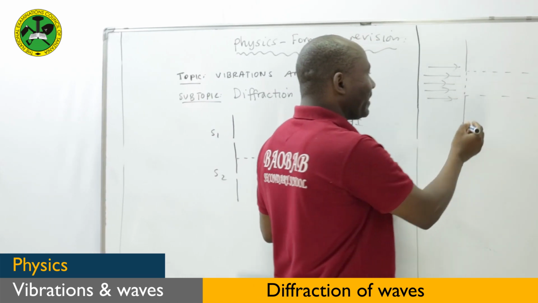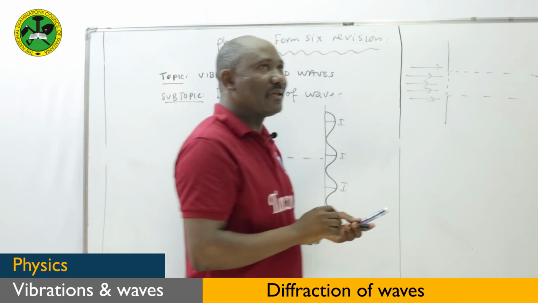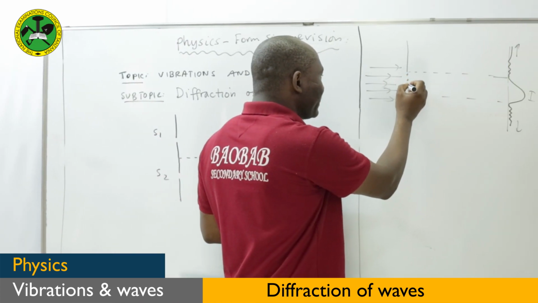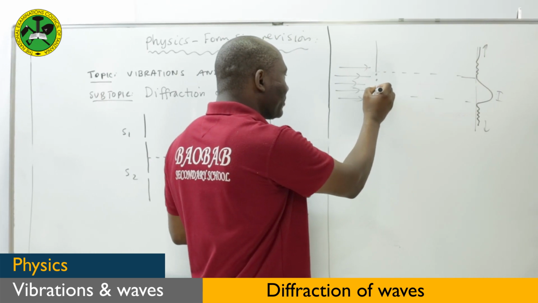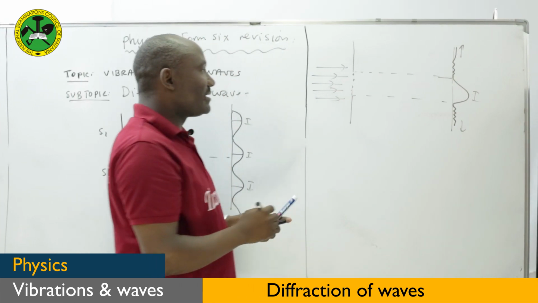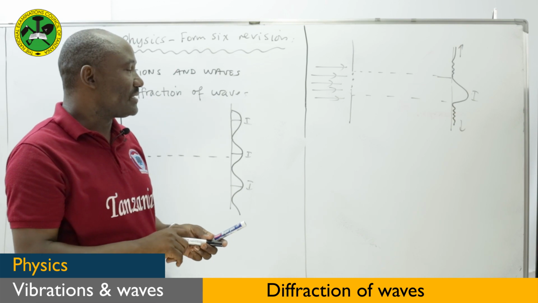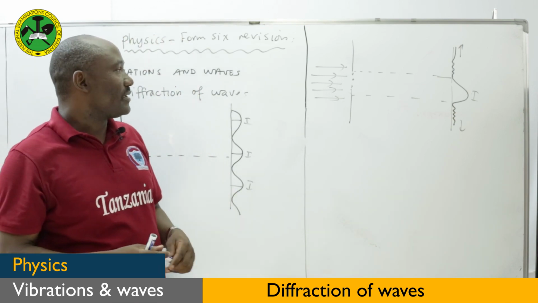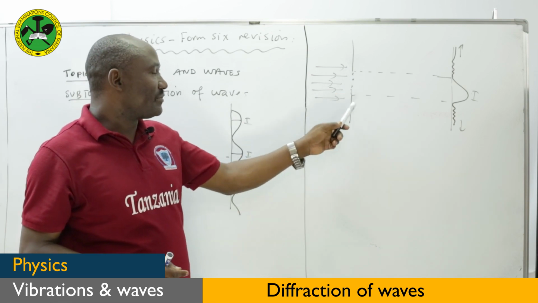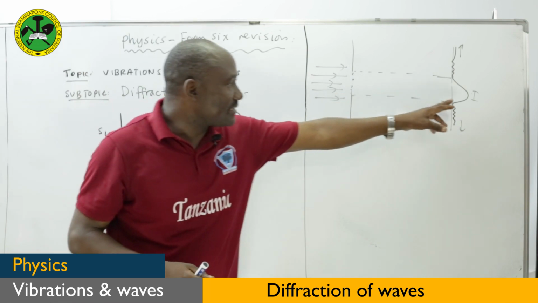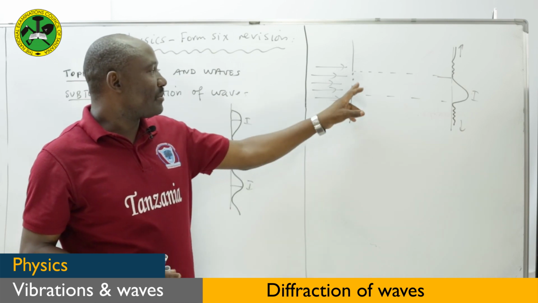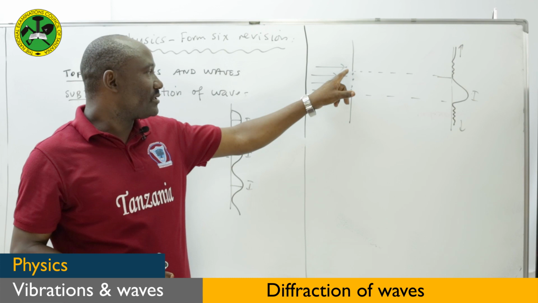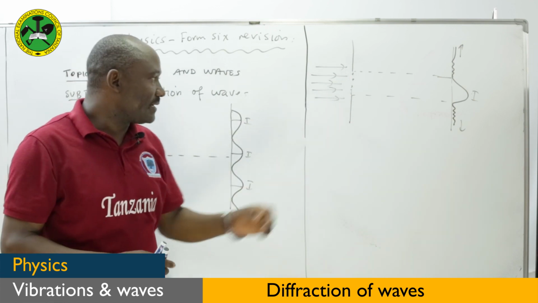Because here we have the opening, and if you remember from Huygens' principle, every part of the opening is acting as a secondary source. The principle says that if you construct an envelope, it means we have the secondary sources which have been produced. So diffraction is due to the superposition of the secondary sources originating at different points on the opening. That is difference number two.